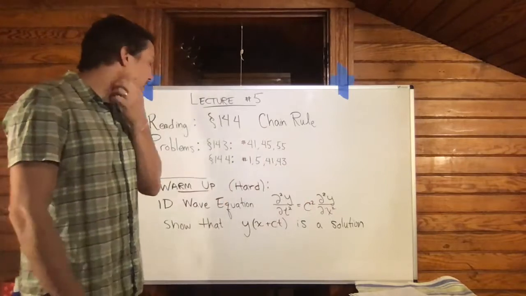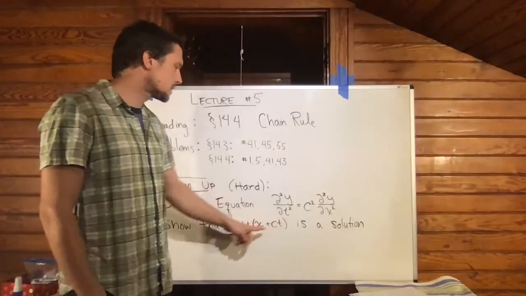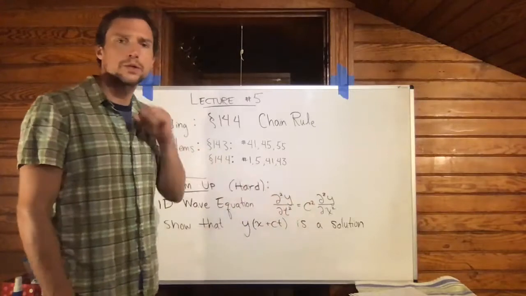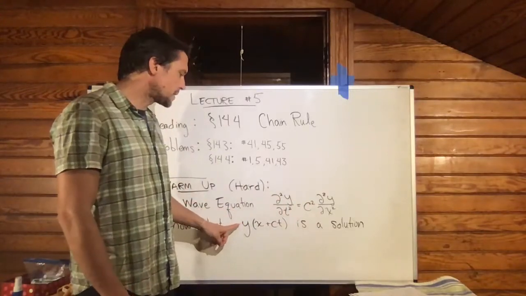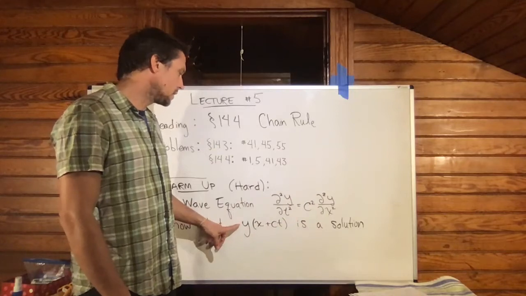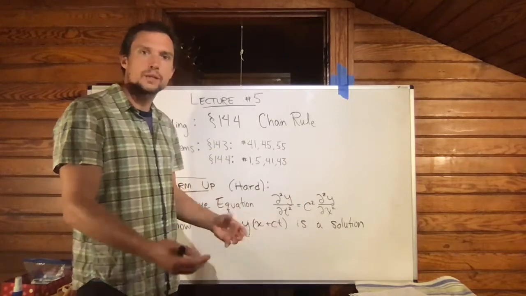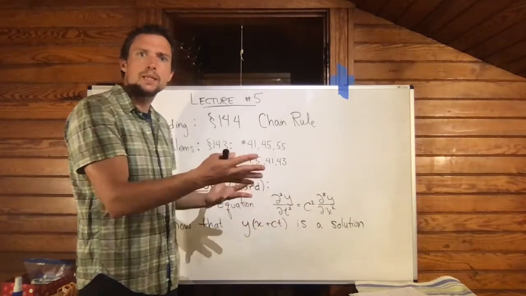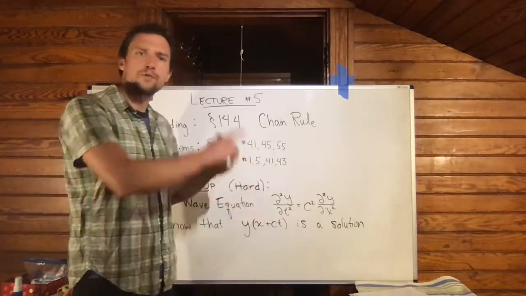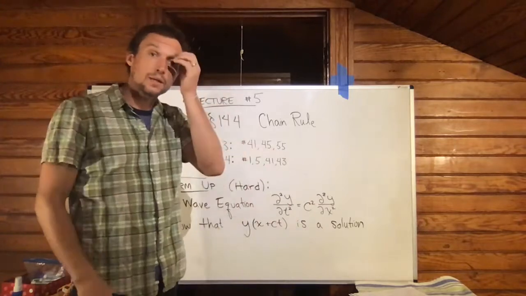All right, and what you're going to do is show that this is a solution to this equation. And what's interesting is that it's just a form, right? So I haven't told you what y of whatever is, right? And if you think about this, imagine at time t equals 0. This is just some function y of x, whatever that looks like.